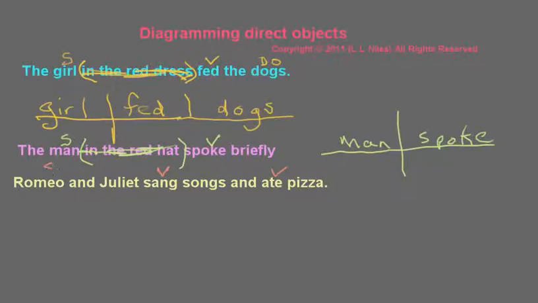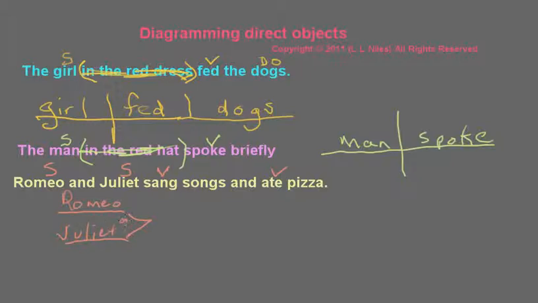Who or what sang, ate? Romeo, subject, Juliet, subject. Let's diagram that much. All right, we have one subject line, the other joined. So here we have Romeo. Here we have Juliet.